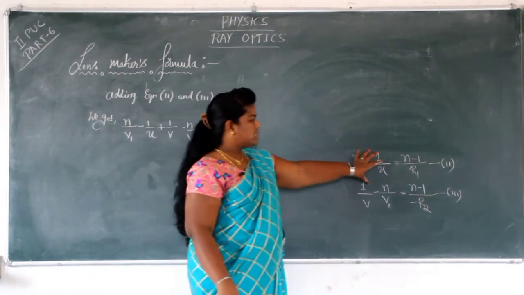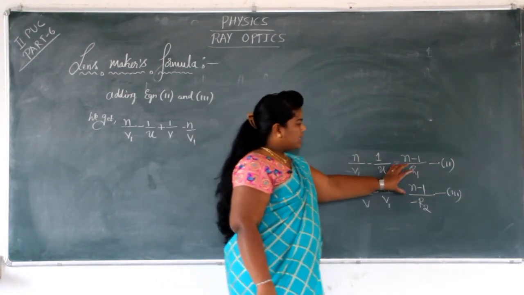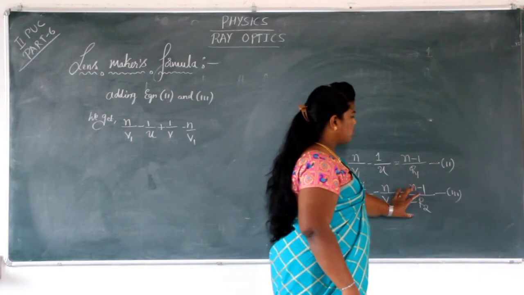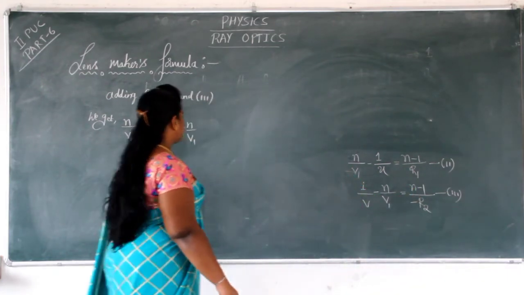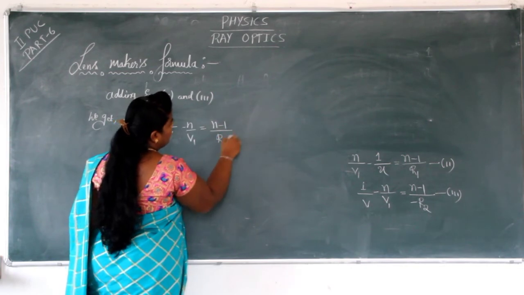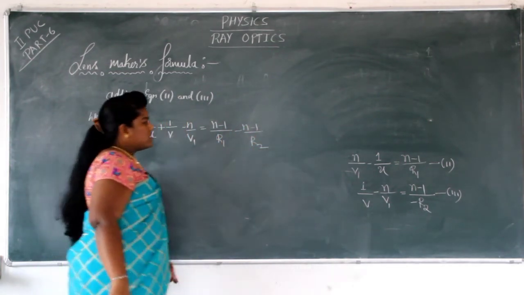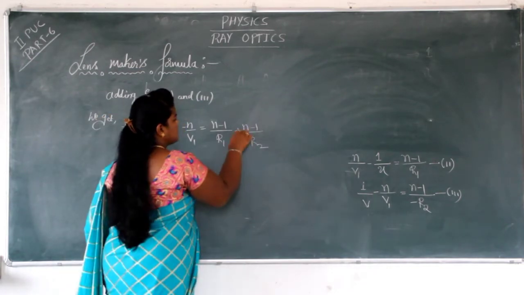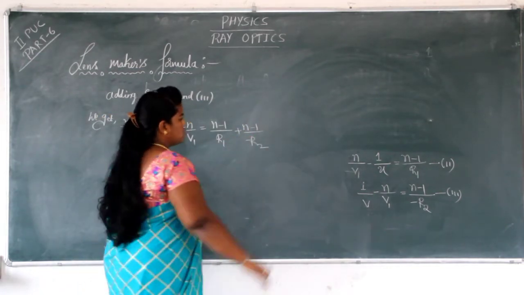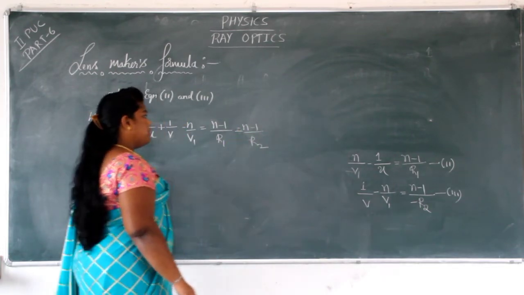I just added this LHS term with this LHS term. Now the remaining are the two RHS terms, which I am adding: N minus 1 by R1 minus N minus 1 by R2. Why? Because we should add this. Plus into minus becomes minus, so I directly write it as minus.